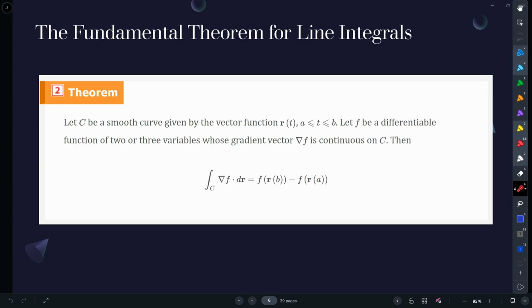So we don't have to do any integration. We just have to take a difference of two values.